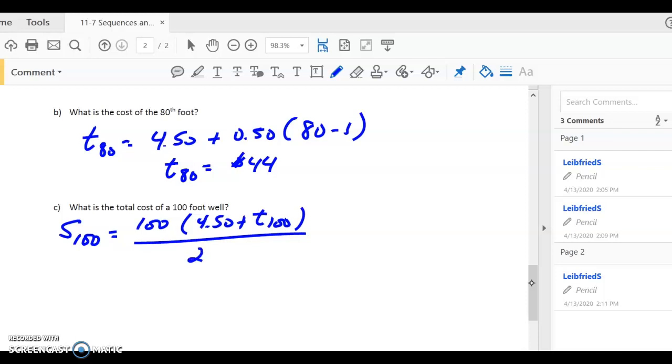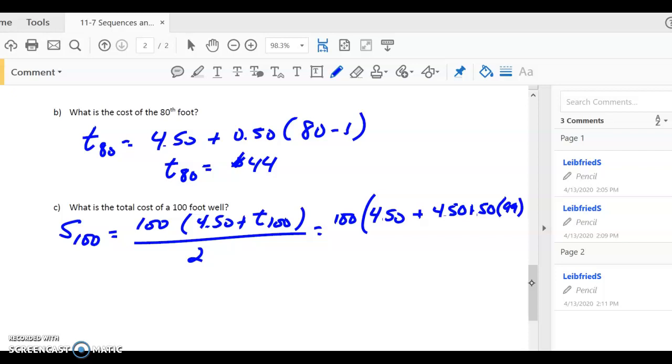We don't have T100, so we could find T100. Remember that alternate formula I told you about the other day? You could go with 4.50 plus 50 cents times 99, because 100 minus 1.